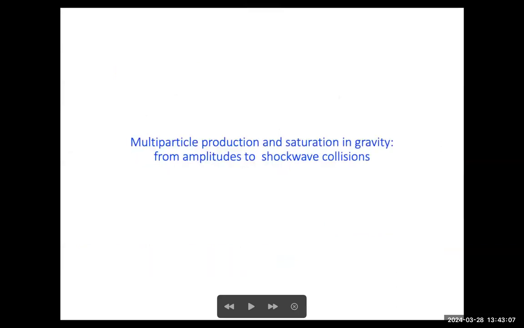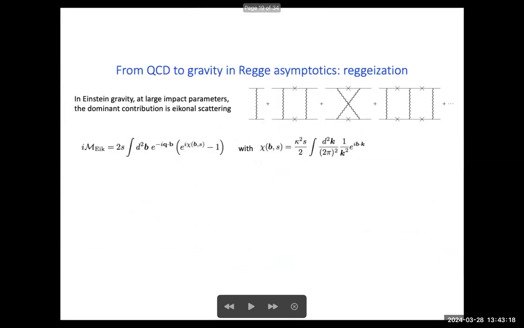So now I want to talk a bit about gravity. And it turns out that exactly the same thing, or at least the precursor, describes how this may happen. So in gravity, you think of 2 gravitons that are trans-Planckian and scatter, and they produce n gravitons, right? What happens?